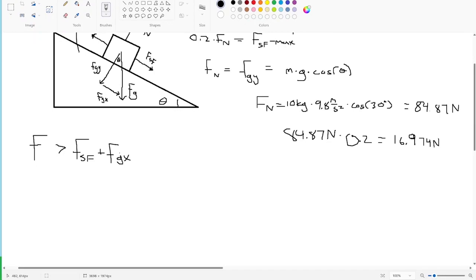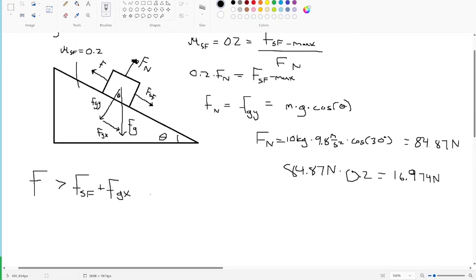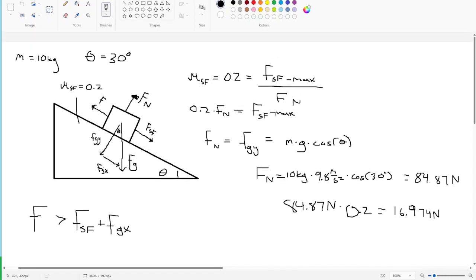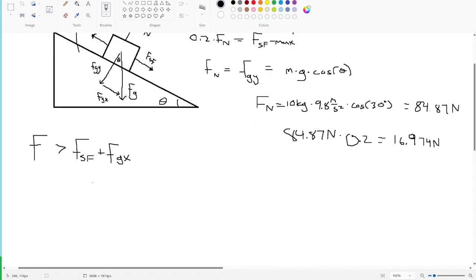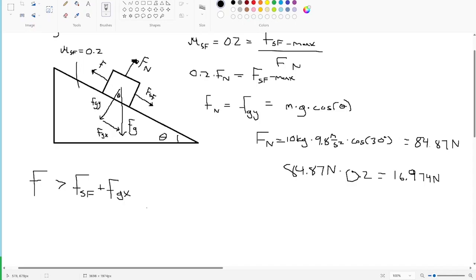So it's going to be FSF plus the force of gravity in the x direction. So force of gravity in the x direction, if you can recall, is going to be equal to mg sine of theta.